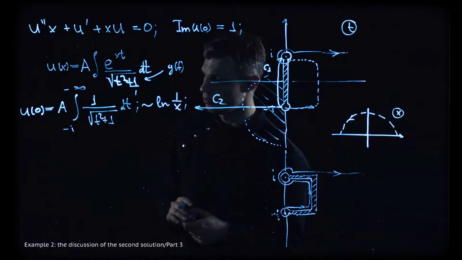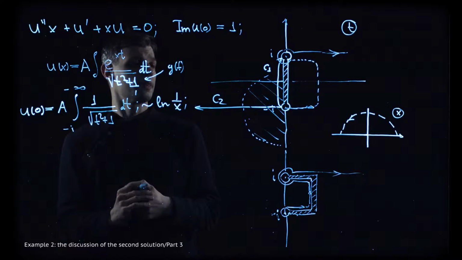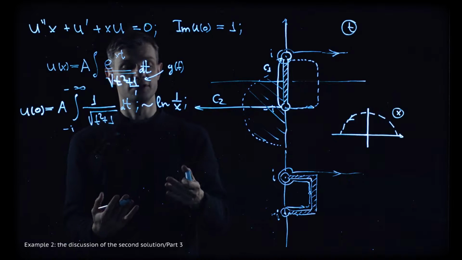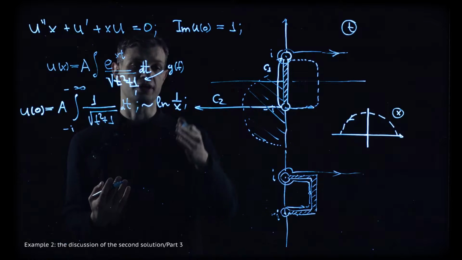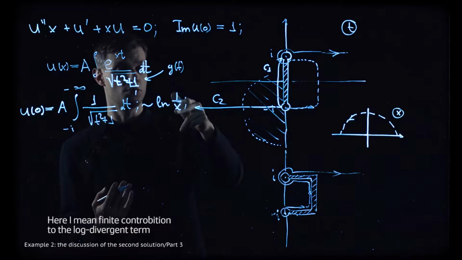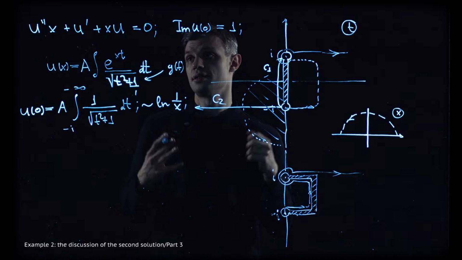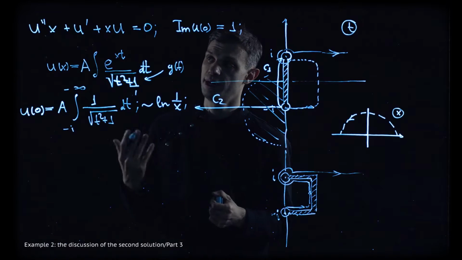This is a leading logarithmic behavior. But what we are interested in right now is to get the answer not with logarithmic accuracy, but to catch the constant which is present here. So let's do this, because this is just an interesting exercise by itself.